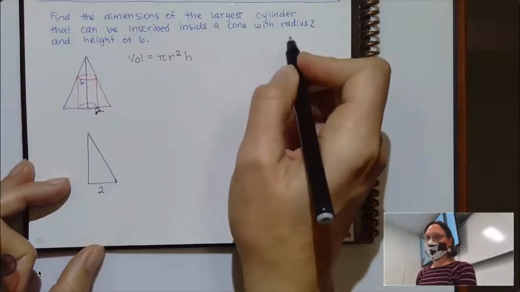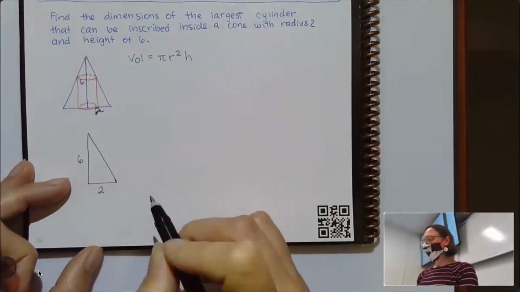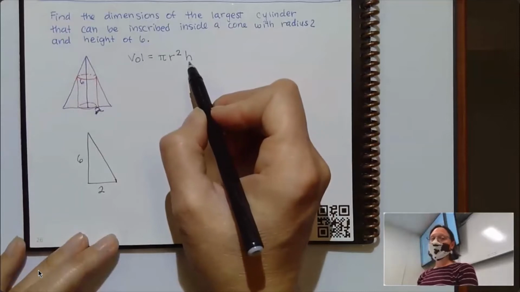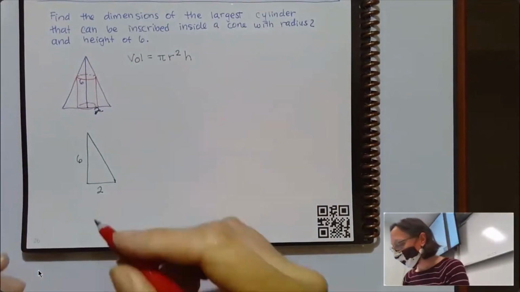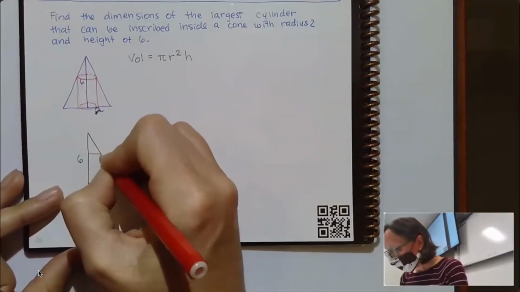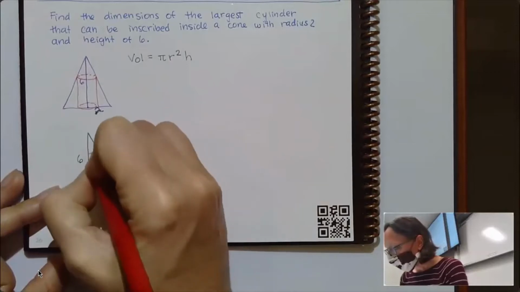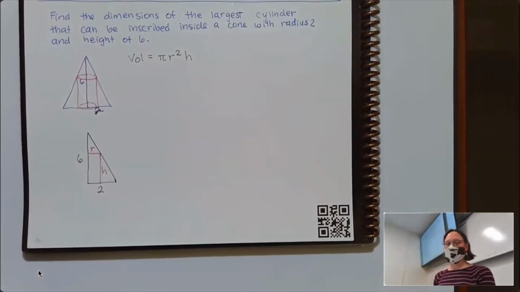We know that it's 2, and a height of 6. This R and this H correspond to that cylinder that we stuck inside.